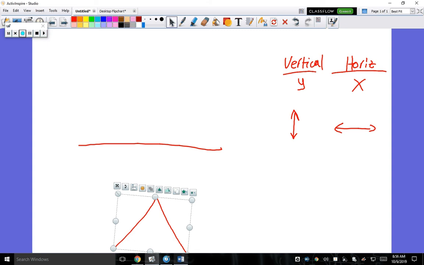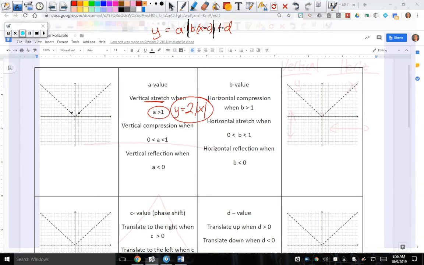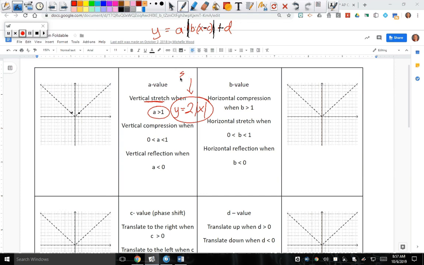Alright, so let's go back to our notes. So this is going to stretch vertically to where the rise over run is no longer by 1. It's now by 2. So I can look at this almost like a slope. It's not y equals mx plus b, but I can look at it like that.